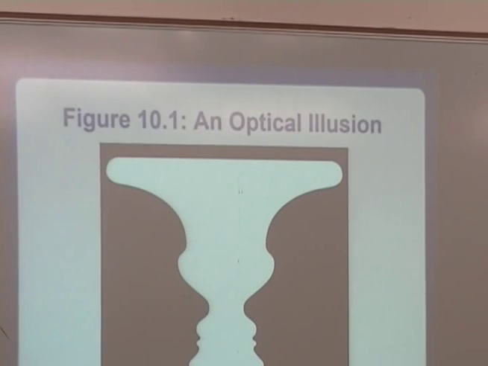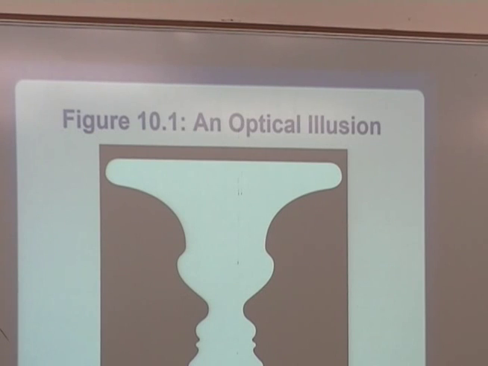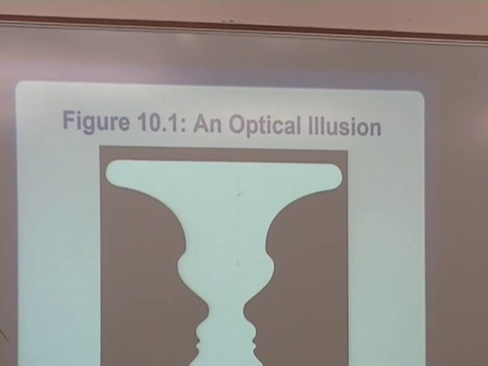So when we look at this picture then, some of us see a white vase. Who sees the white vase? You look at it quickly. Who sees two faces? All right. It's exactly the same stimulus to everybody in the class. And yet some of us see one thing, we perceive one shape, and some of us perceive a different shape.